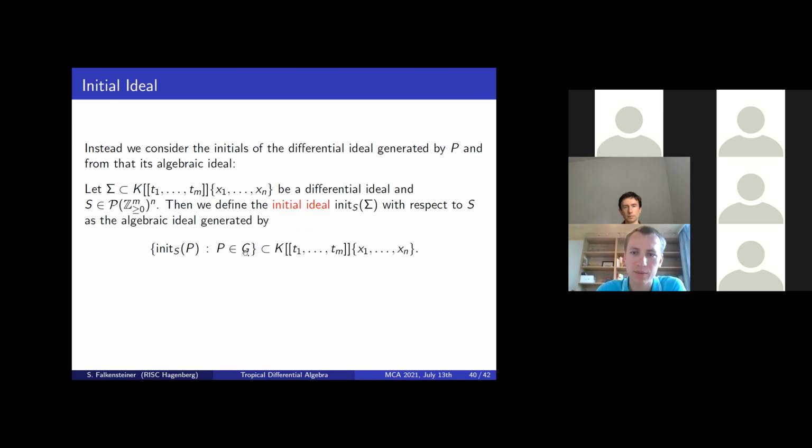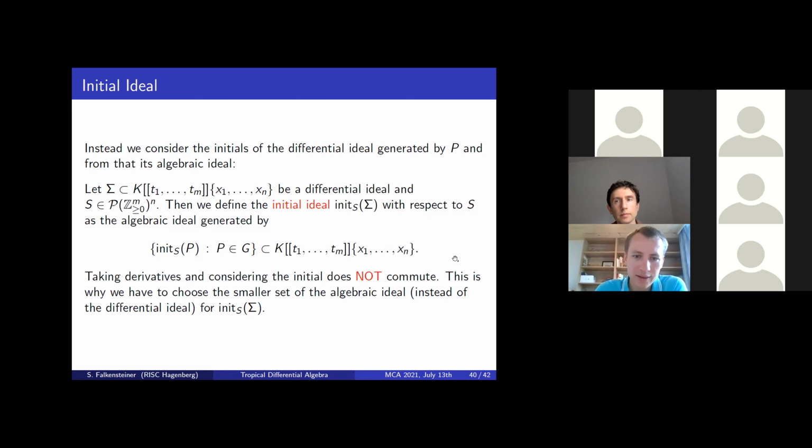Sorry, this should be a sigma instead of G. Again, this is hard to compute. But sometimes you can find representations for this, and it's really important that we take the algebraic ideal and not the differential ideal, because taking derivatives and computing initials does not commute.